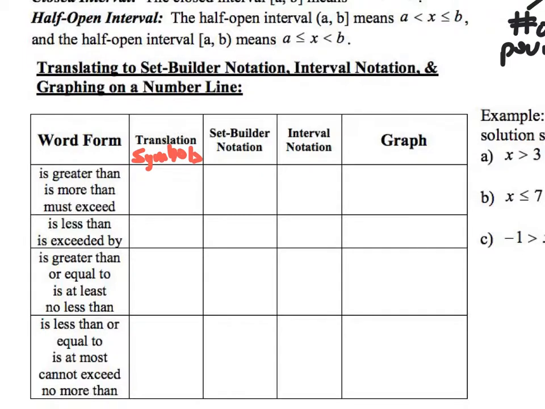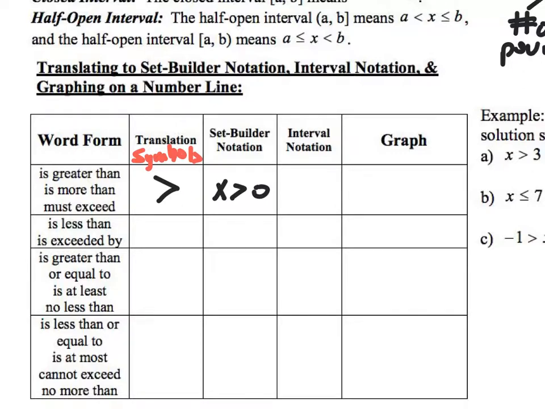So let's take the word form: is greater than, is more than, and must exceed. The symbol for these is just greater than. If I were to put this into set builder notation, I would say X is greater than, say, 0.